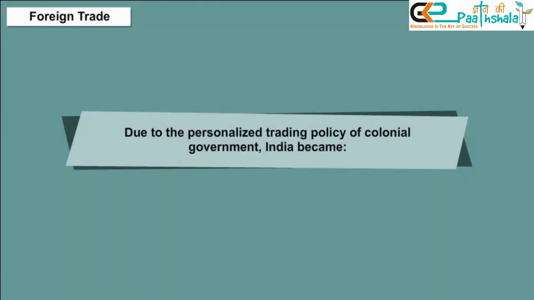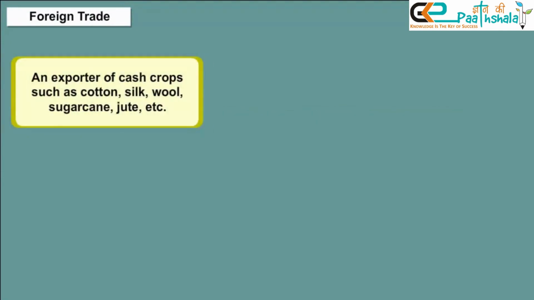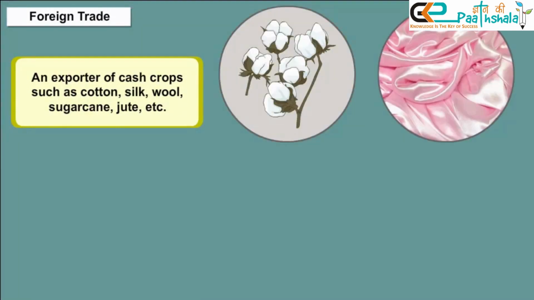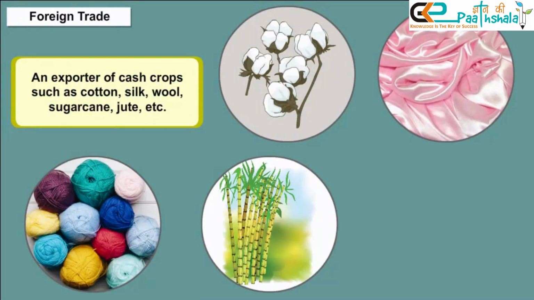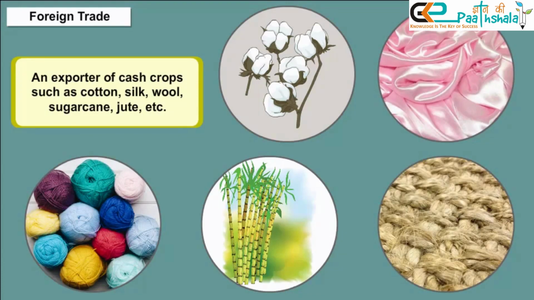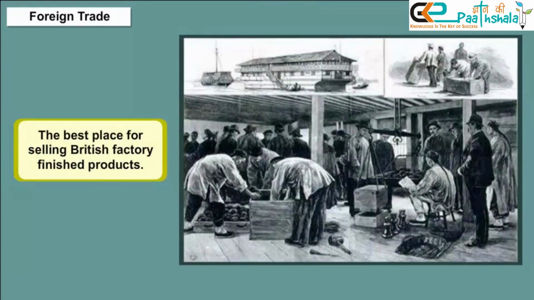Due to the personalized trading policy of the colonial government, India became an exporter of cash crops such as cotton, silk, wool, sugarcane, jute, etc.